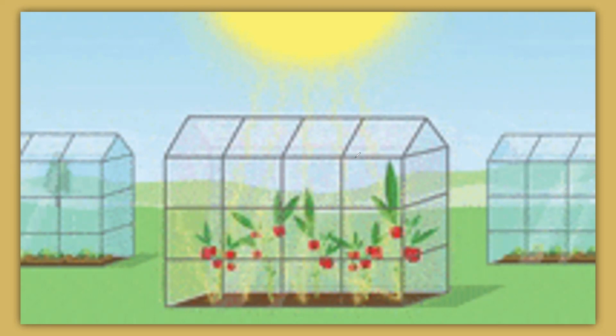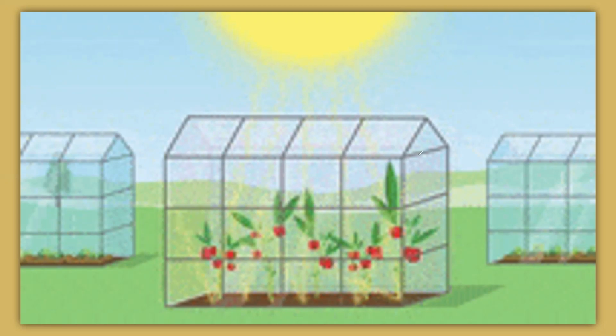Now we are in winter and we want to eat a certain fruit or vegetable that only grows in summer. What should we do? We will use a greenhouse. The greenhouse is used for growing plants that grow in certain seasons.